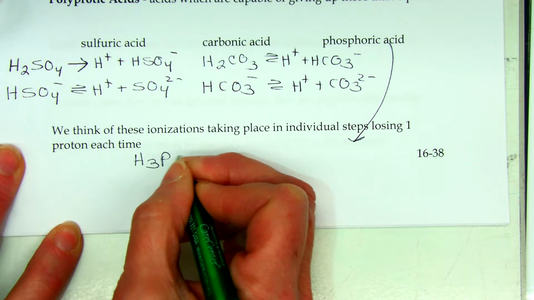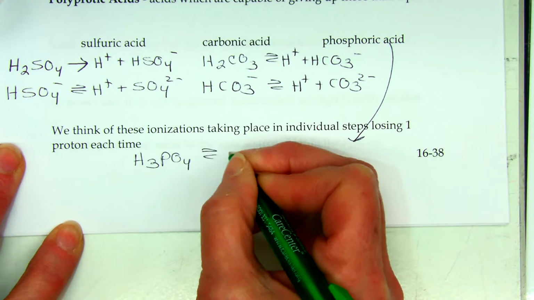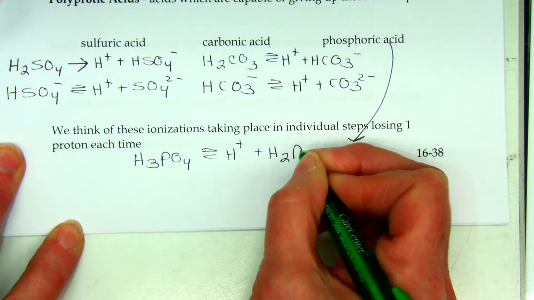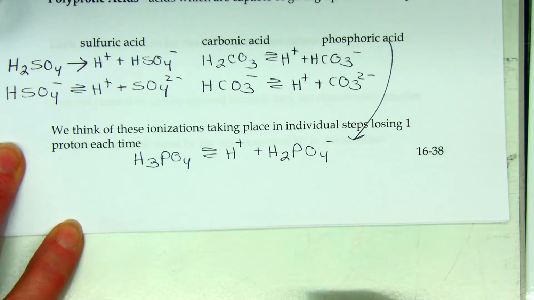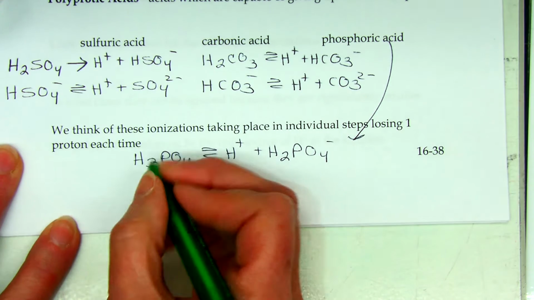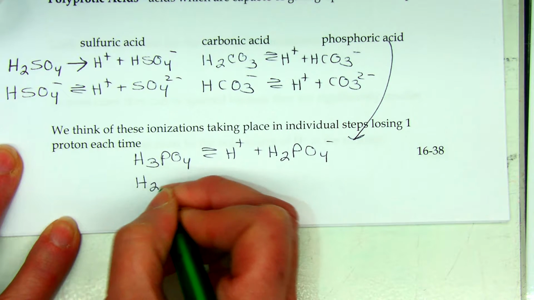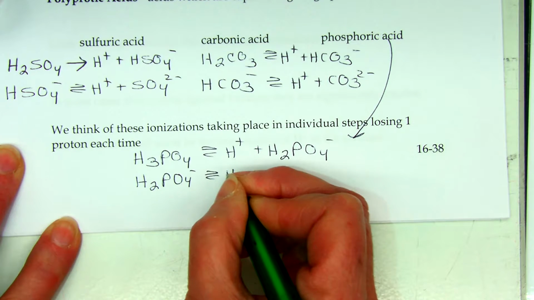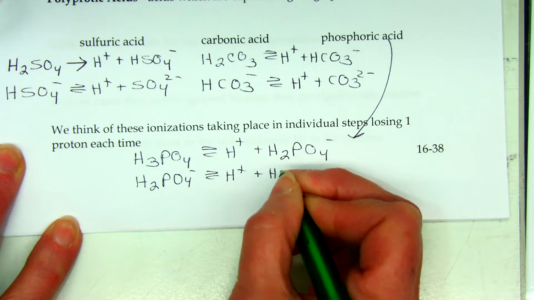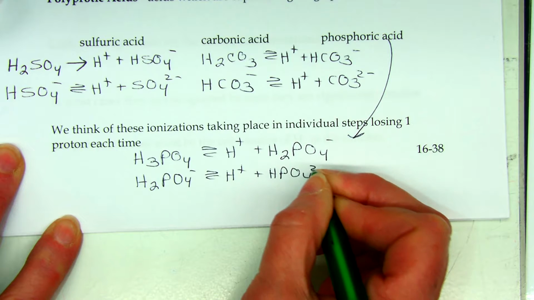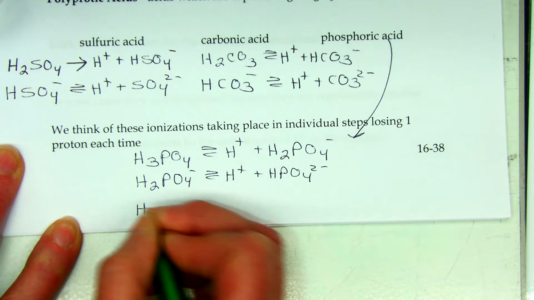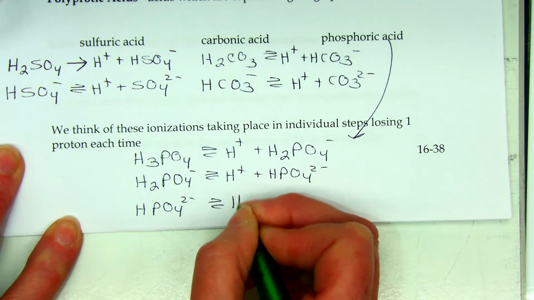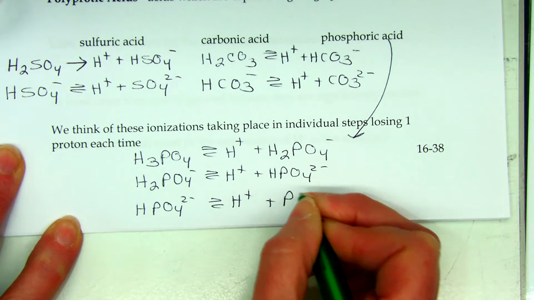Now, the phosphoric acid is our triprotic acid, and it also loses its protons one step at a time. So H3PO4, phosphoric acid, is in equilibrium with a hydrogen ion and a dihydrogen phosphate ion, which has a -1 charge. That ion is in itself a diprotic acid, so it can lose a proton to become the hydrogen phosphate ion with a 2- charge, and the hydrogen phosphate ion can also undergo equilibrium to lose a hydrogen ion plus the phosphate ion.